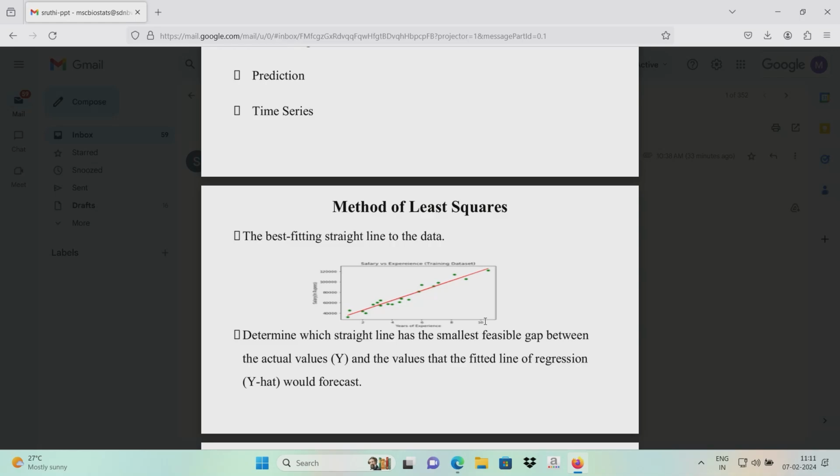This line is given in red, whereas the green dots represent the observed data points. The best fitting line is shown here for salary and years of experience. The other point is to determine which straight line has the smallest gap between the actual value of y and the value that the fitted regression line, y hat, would forecast or predict.